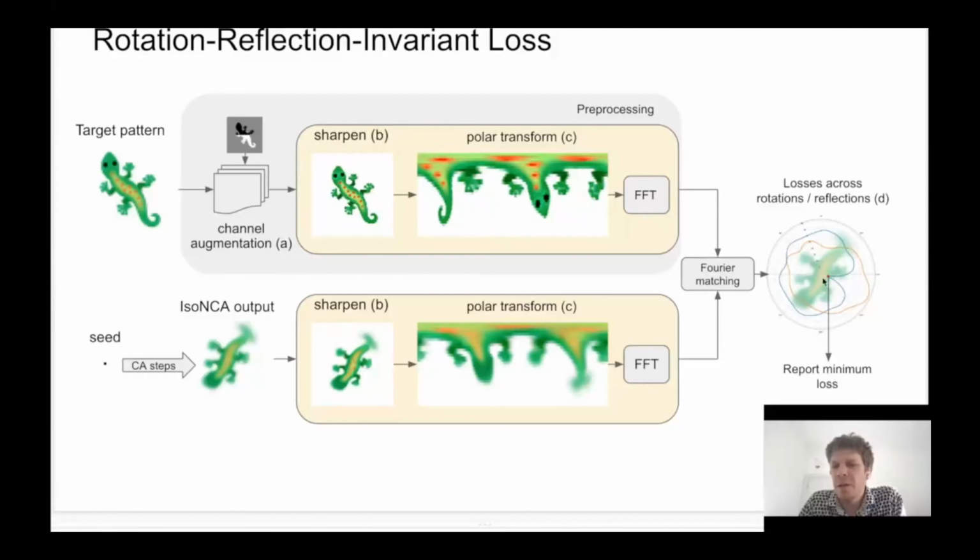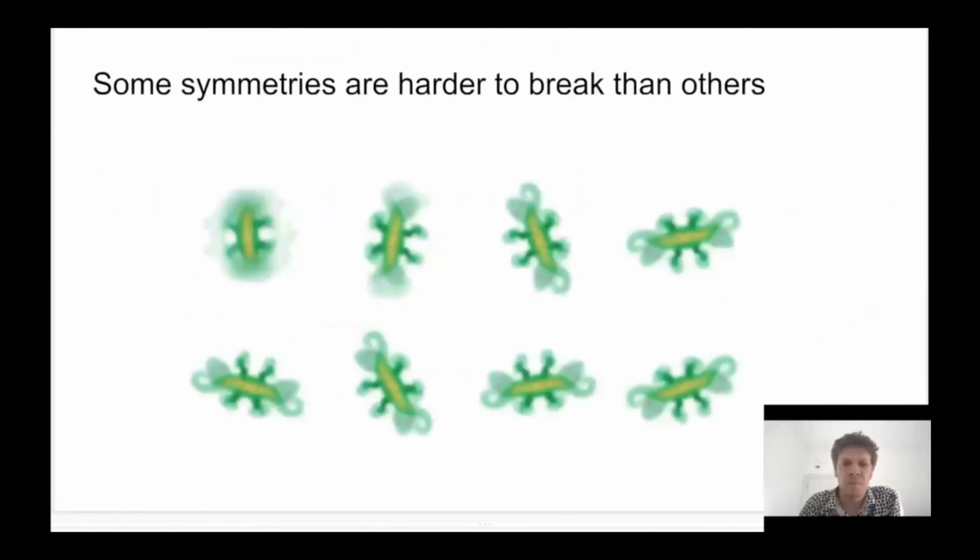And then, similar to the strategy that we were using for textures, we select the minimal loss for backpropagation. And this procedure is repeated for the original pattern and for the reflected pattern.